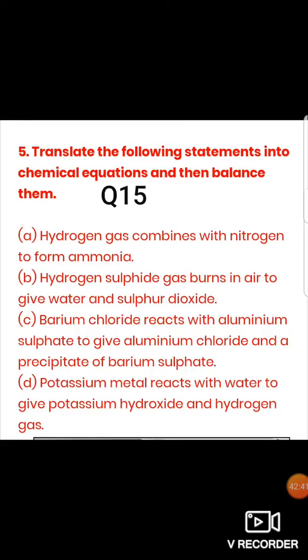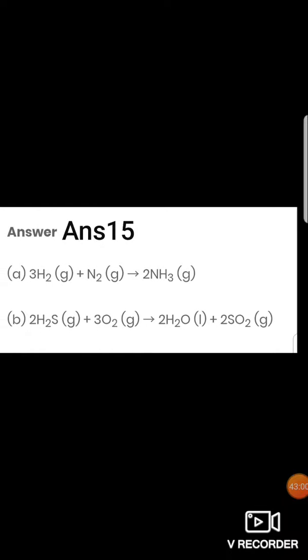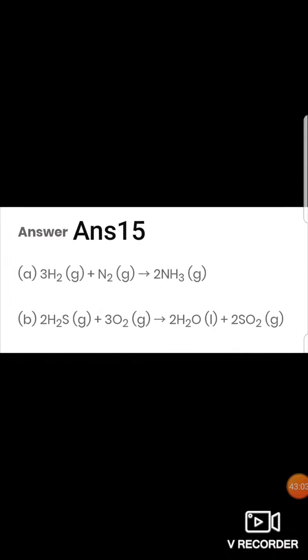So hydrogen gas combines with nitrogen to form ammonia: 3H2 plus N2 gives ammonia, NH3.